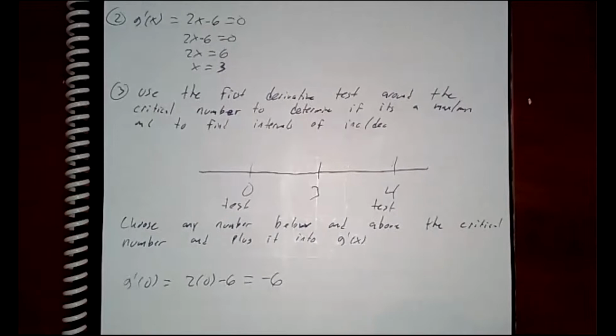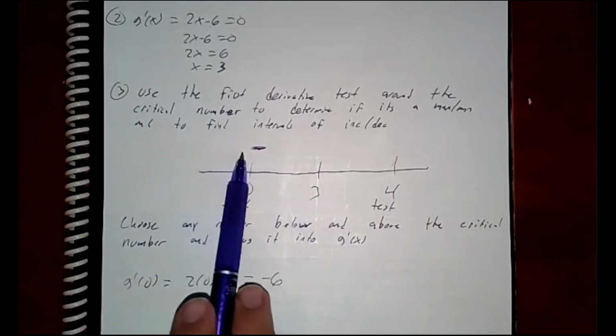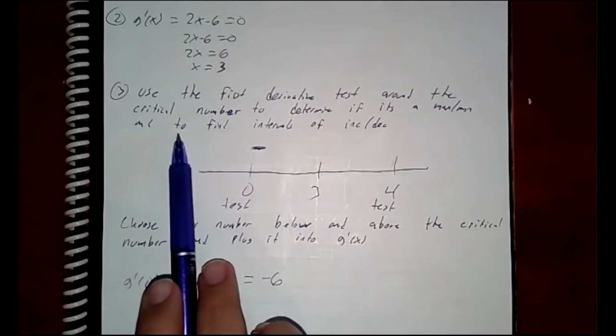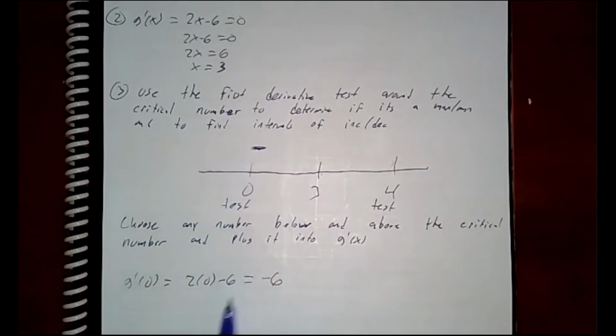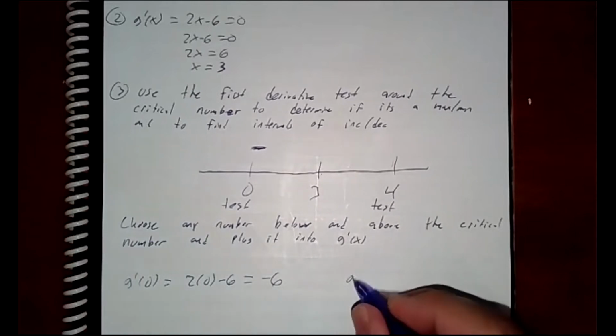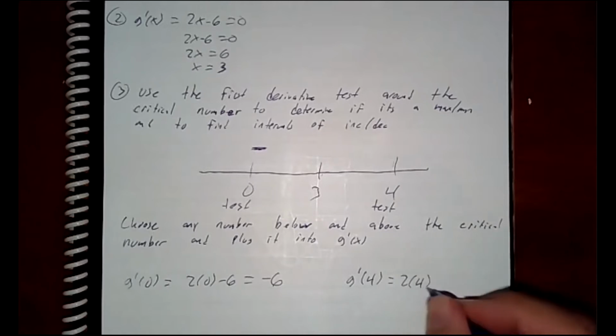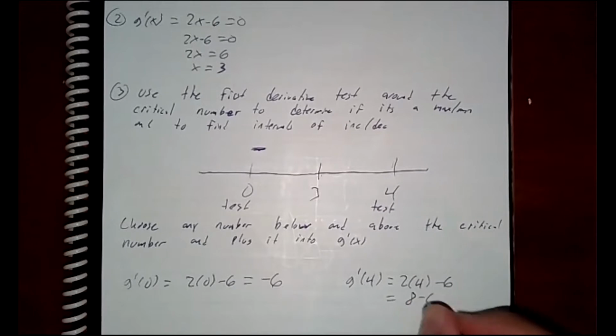If your derivative is negative, that means your slopes are negative, which means I'm decreasing in this section. So below 3, we are decreasing, which we already knew. Remember, I showed you the graph, with negative infinity to 3 decreasing. So this proves it analytically instead of graphically. Now, plug in 4, what do we get? 2 times 4 minus 6, that's 8 minus 6.